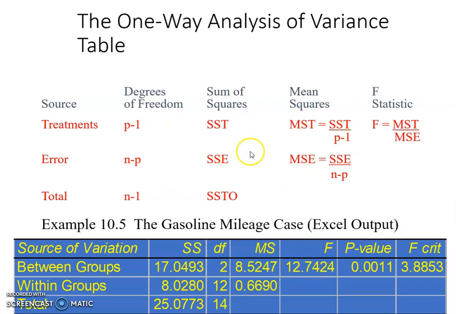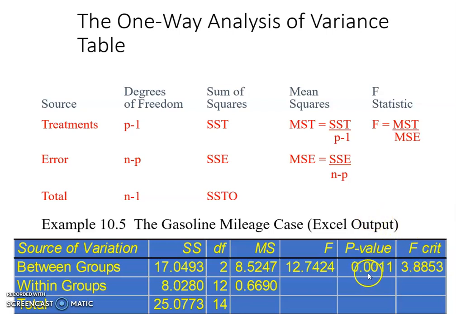Whatever is in red is an explanation of what Excel is calculating for you. In this case, the F statistic is much larger than the F critical. And therefore, we exceeded the door. We came out of the door. So this is rejected because the F statistic is larger than the F critical.